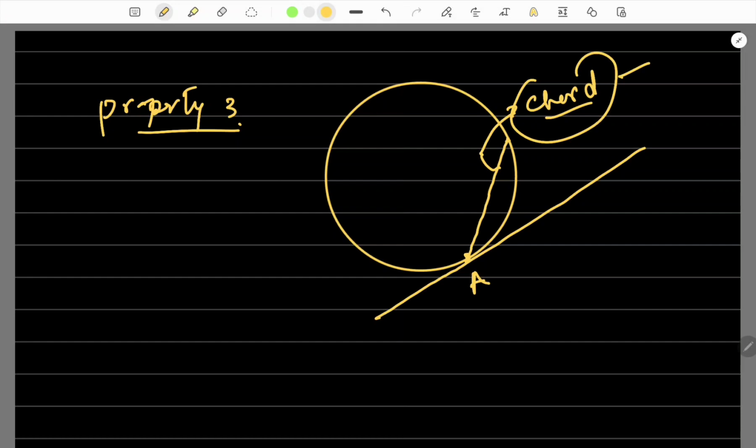Okay. So beta, now if an angle emerges from this chord in the opposite segment, this is the major segment, we know that, and obviously this angle I have shaded, this segment is the minor segment.